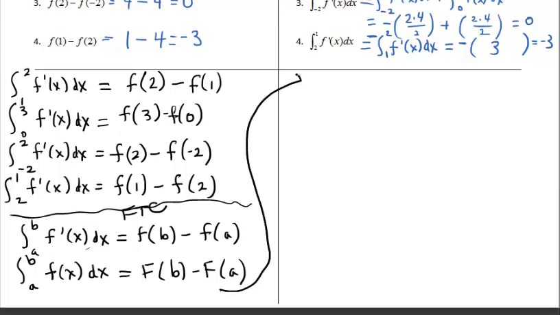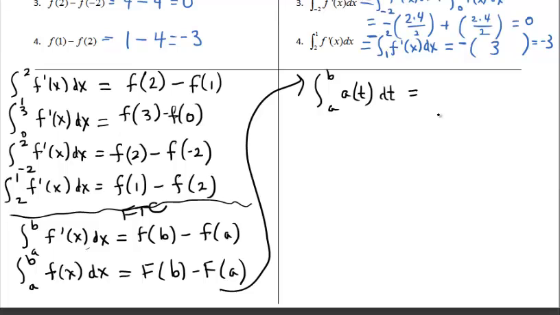All right, so I'm going to come up here. We're going to continue with notation. Let's say we had the integral from a to b of acceleration as a function of time. Let's think about integrating that rate.